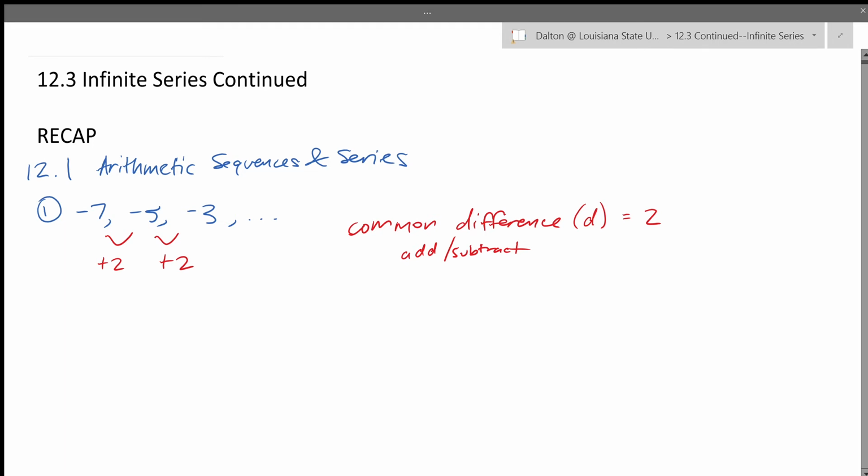Using the same sequence, I'm going to ask you a couple of questions. First, I want you to find the 80th term of the sequence.